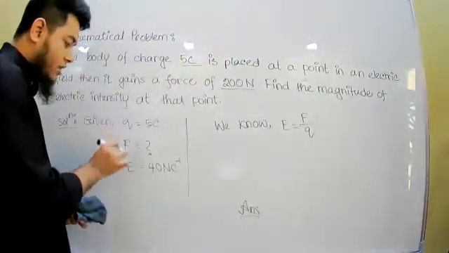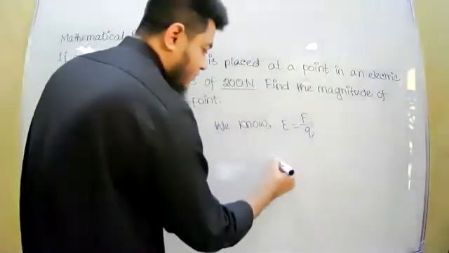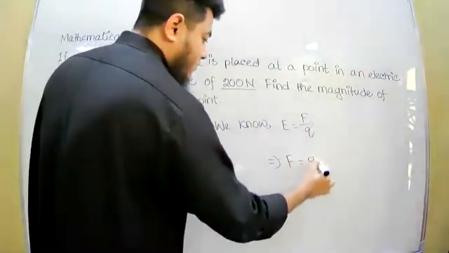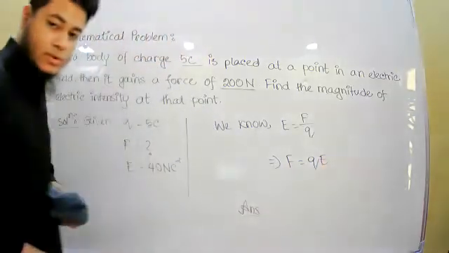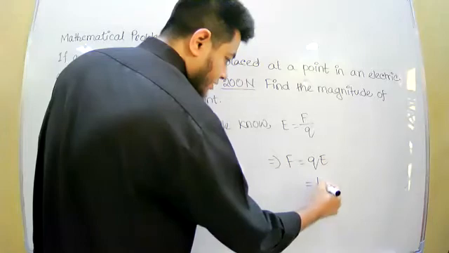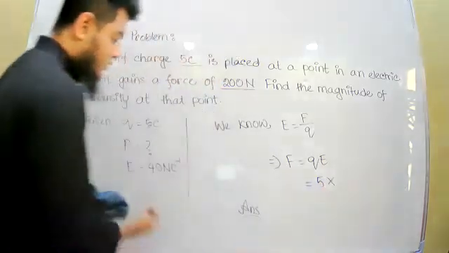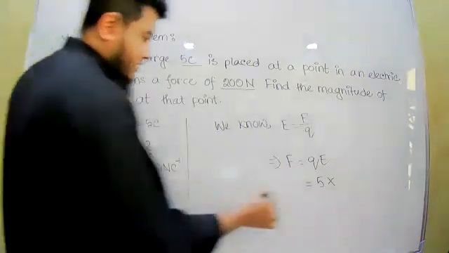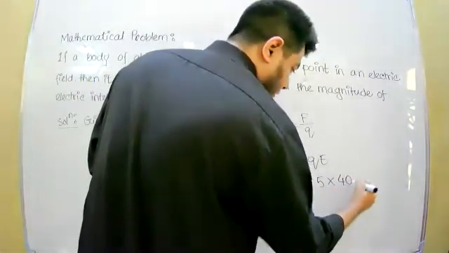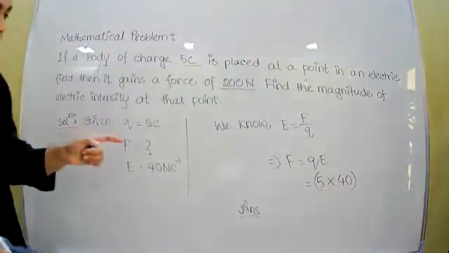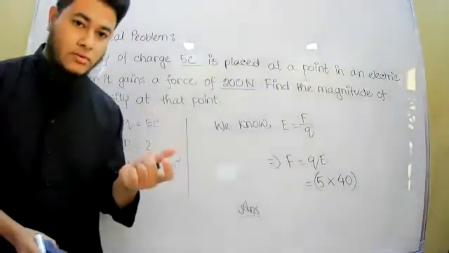What you have to do is, as you have to find out F, develop an expression for F, cross multiply. Then it will be F equal to QE. Okay, F equal to QE. So Q is given as 5 coulomb into, okay, then E is given as 40. Now you might be thinking about the unit, right?